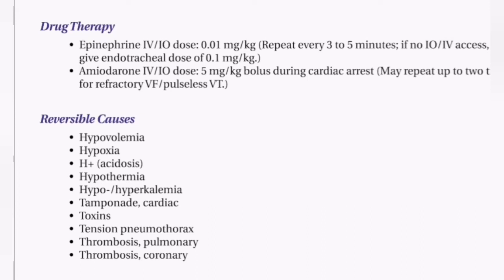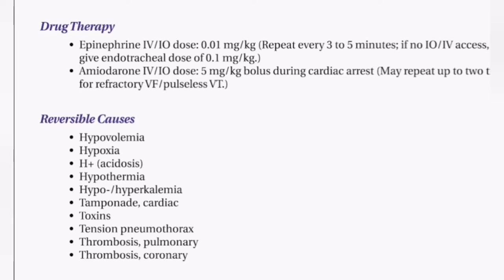After the 2nd shock, you have to give epinephrine 0.01 milligram per kg of 1 to 10,000 epinephrine. You can give it intravenous or intraosseous, and it is better to give it during chest compression.